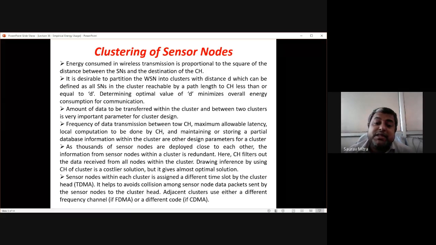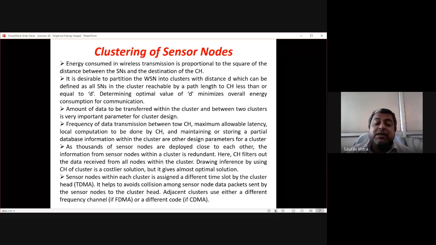As thousands of sensor nodes are deployed close to each other, the information from one sensor and the other sensors within the cluster is redundant. So here the cluster head filters out the data received from all nodes within the cluster. The cluster head tells them that as all four or five sensors are sending the same data, there is no need to send all the temperature data to me.